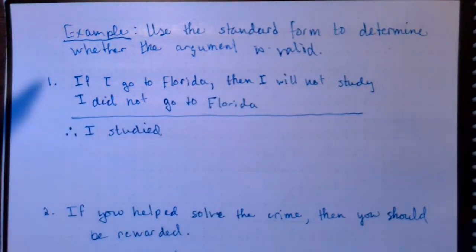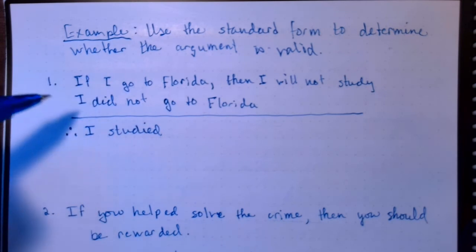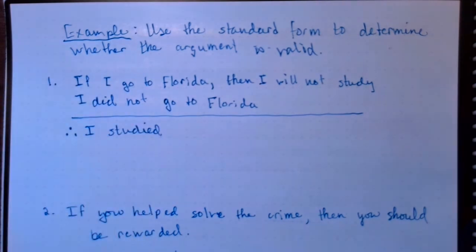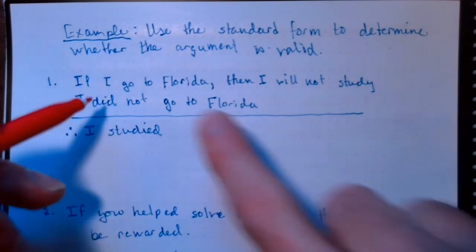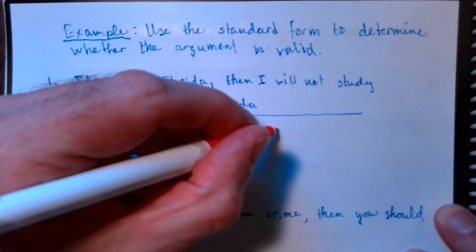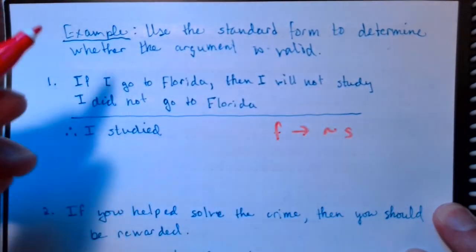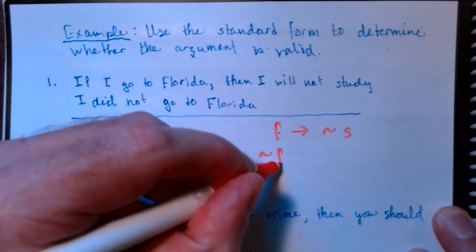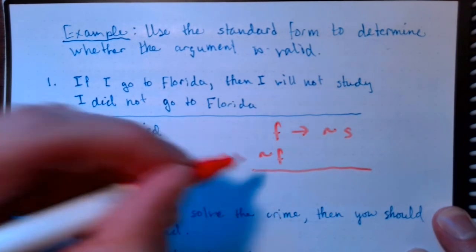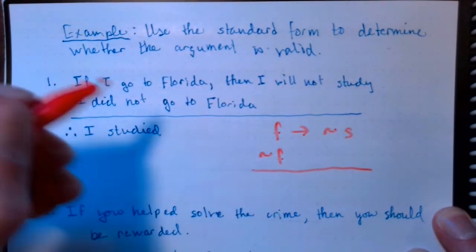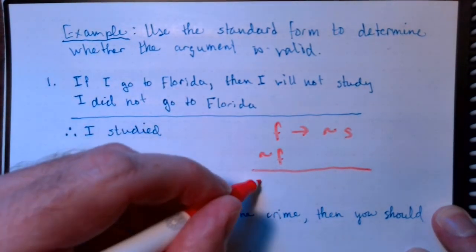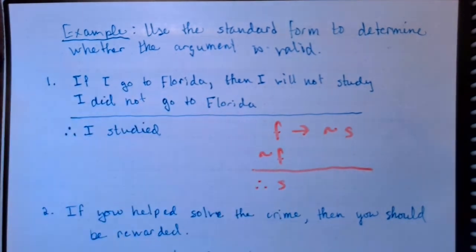If I go to Florida, then I will not study. I did not go to Florida, therefore I studied. So let's look at this form here. Florida implies not study in symbols. Not F. And the conclusion is saying, therefore S.